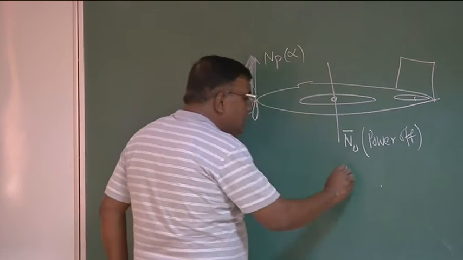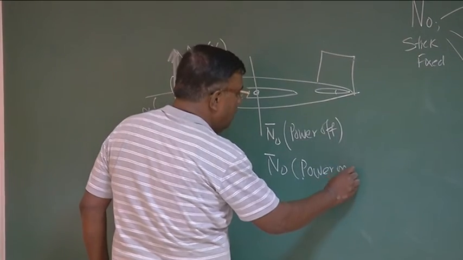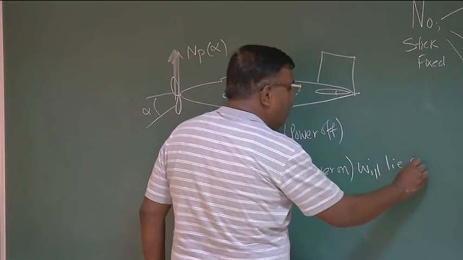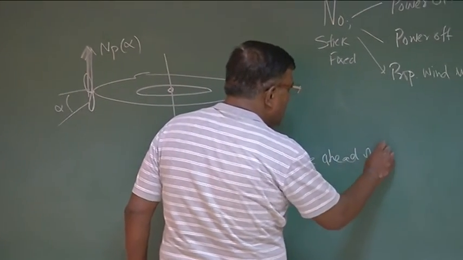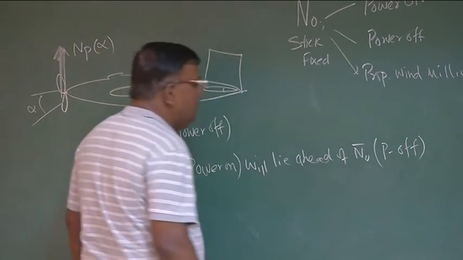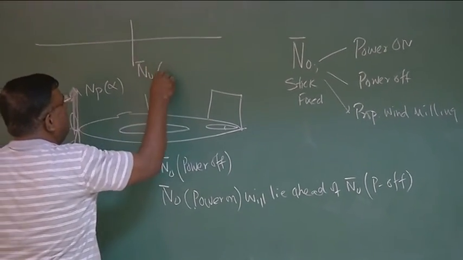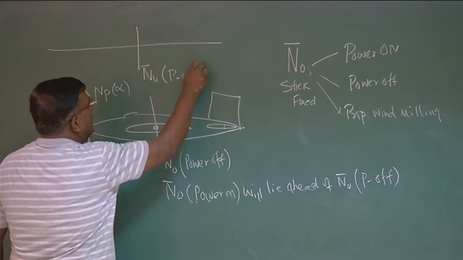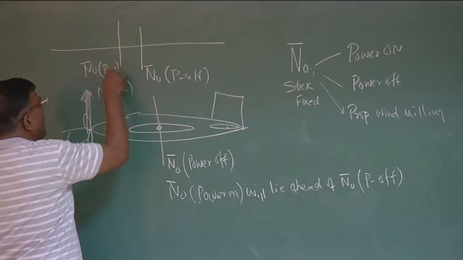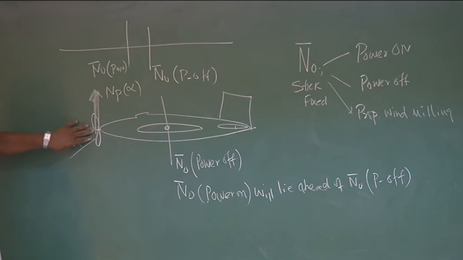So N naught power on will lie ahead of N naught power off. Clear? That is, this is N naught bar power off, then N naught bar power on will be ahead of N naught power off, because this is the more stable case for a nose mounted engine.